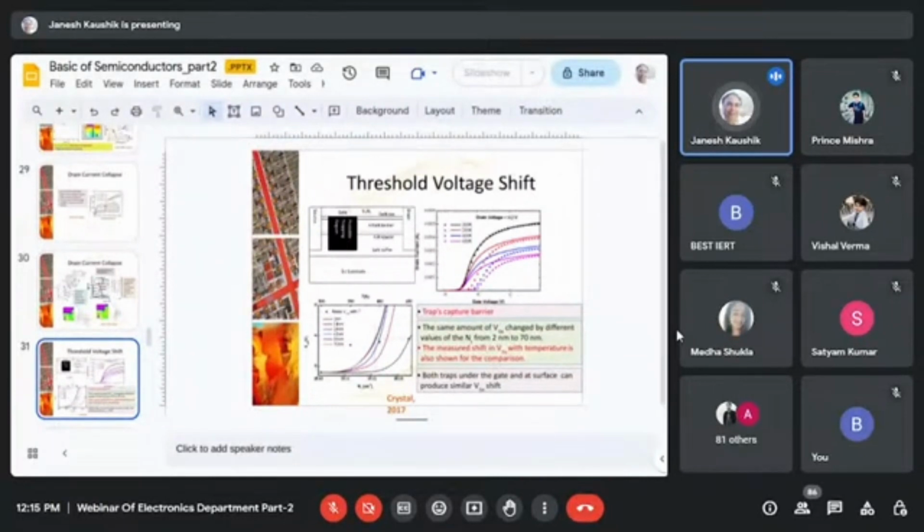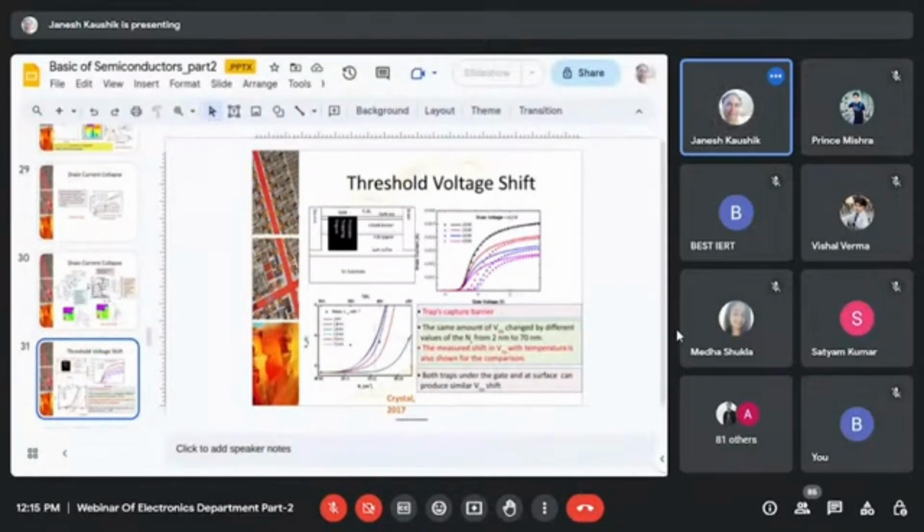Ideally, if there is an increase in temperature, it should shift to the left side, since higher temperature normally gives rise to the generation of carriers, but here it is giving more trapping. So why is it happening? Where is the location of the trap?